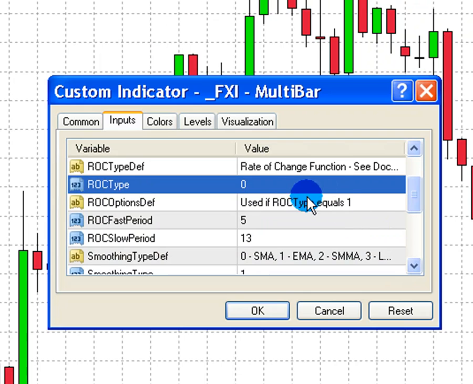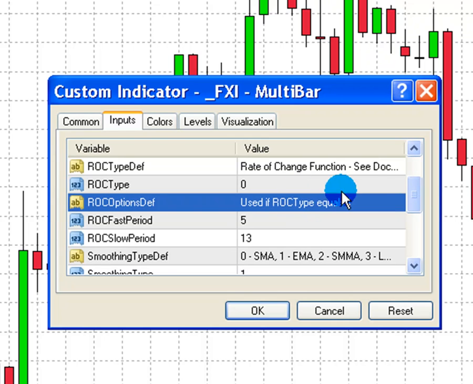Since we're using 0, we are not going to use the ROC fast periods and slow periods. If we had a setting of 1, the ROC fast and slow periods are the 2 periods back that we would look and then take the difference of to see if the momentums of the individual currencies are accelerating to the downside or accelerating to the upside.